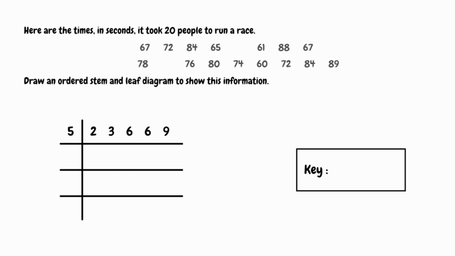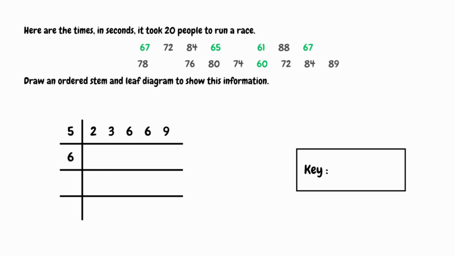So first of all, I'm going to look through the first row. I've got 67, 65, 61, 67. And then on the bottom row, I have 60. So our first digit in all of these numbers is a 6. So that's what I'm going to use as the stem.